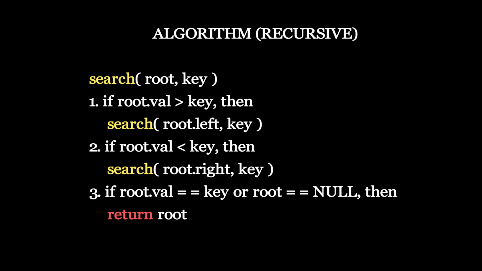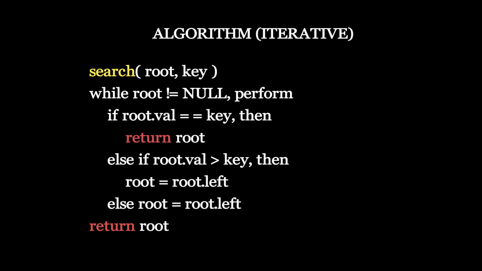So that was the recursive approach. We are now going to discuss an iterative solution as well. We have the same function called search, accepting two parameters, that is root node and the key. Inside this function, we have a while loop. While root is not null, if the value of root node is equal to key, then we return the root itself.